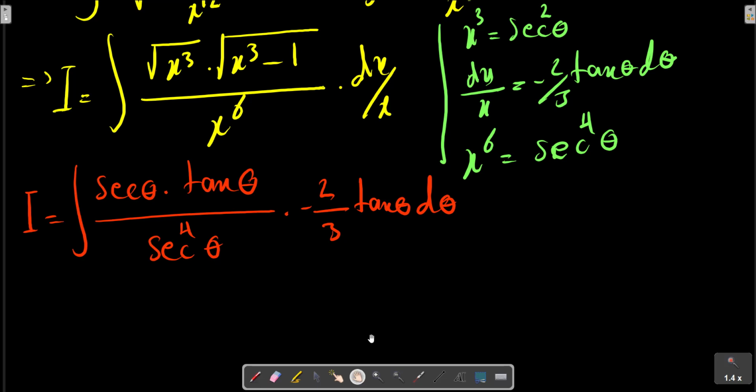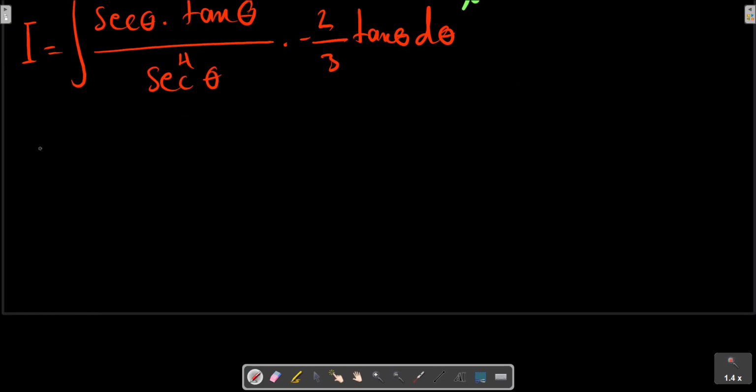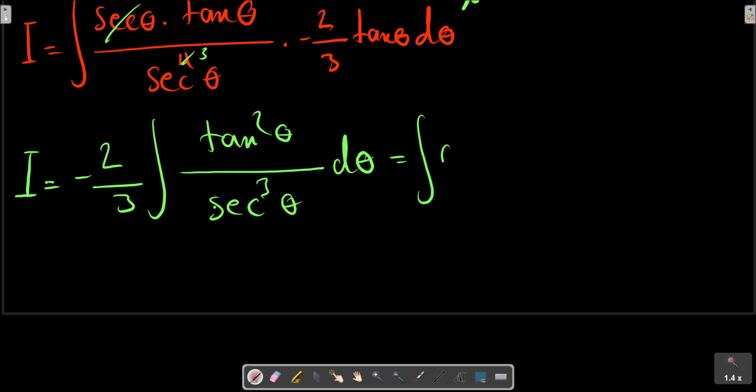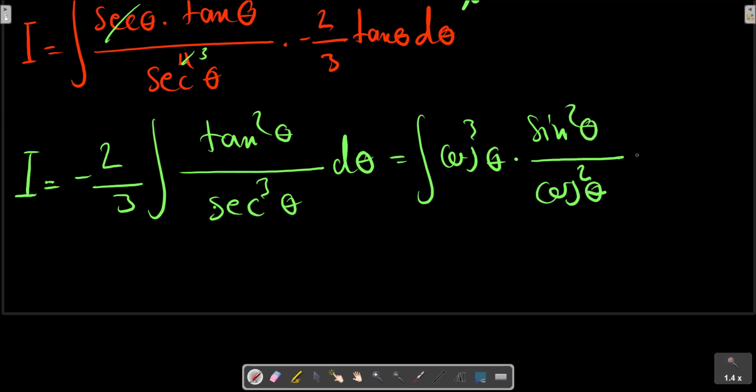The result is tangent²θ on secant³θ dθ. Cosinus³θ multiply sinus²θ on cosinus²θ dθ, minus 2 on 3 here.